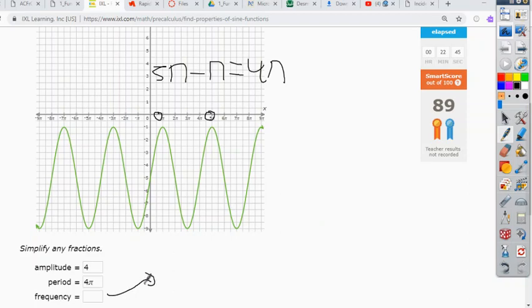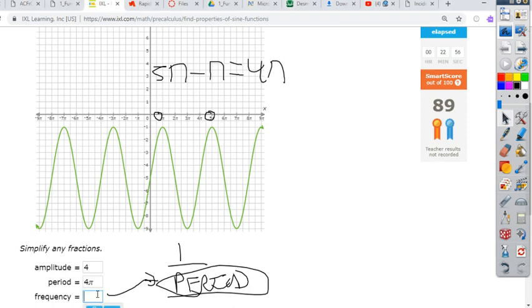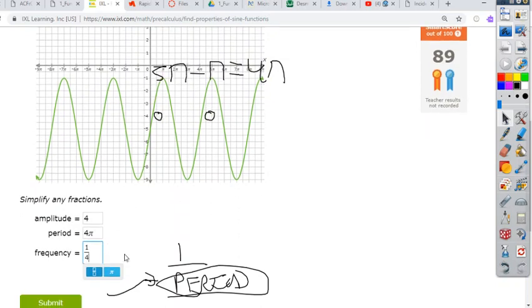Frequency, that's going to be 1 over the period. So that's going to be what's 1 over 4 pi? 1 over 4 pi.